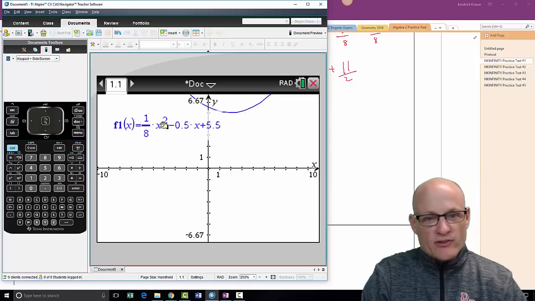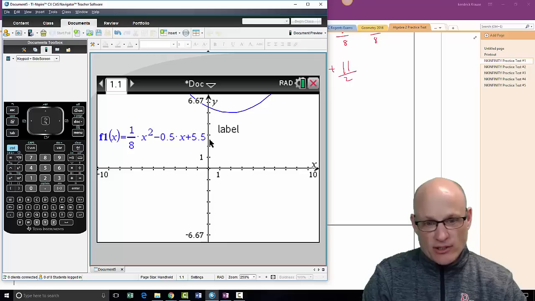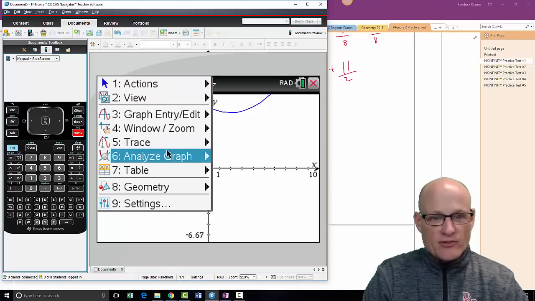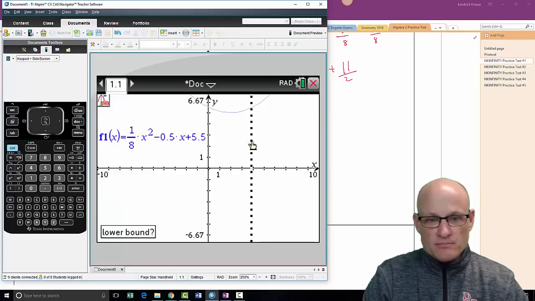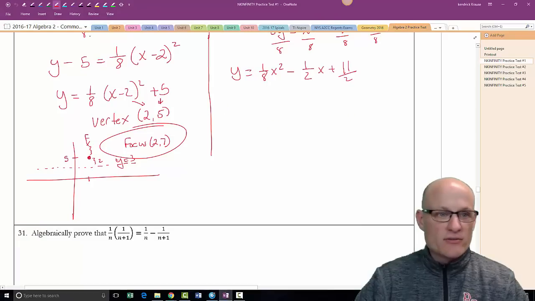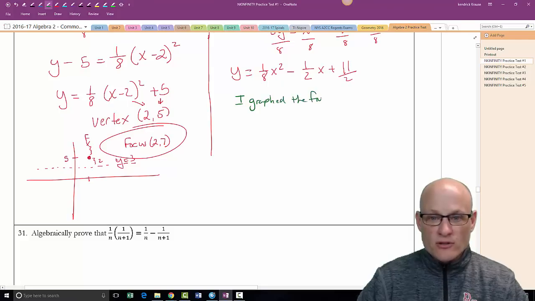So what you could do now is, and you'd have to describe this using your graphing calculator, there's a couple of different ways. You could right now say, okay, menu, analyze graph, minimum, click, click. So then you could say something to the effect of, I graphed the function on my calculator and got 2, 5 as my vertex.